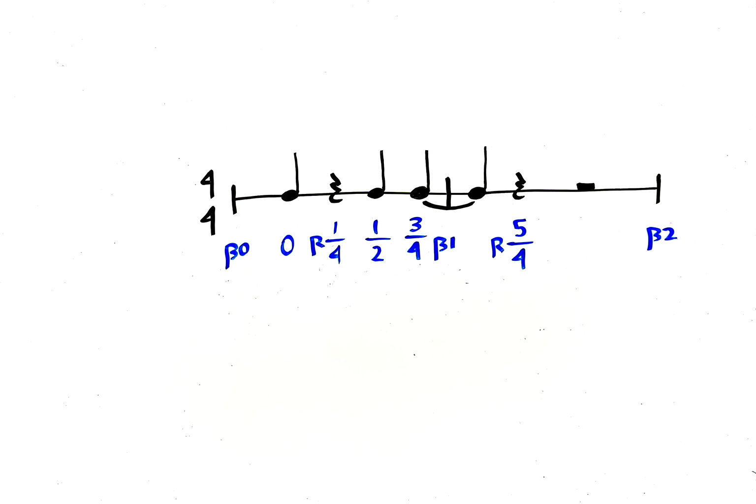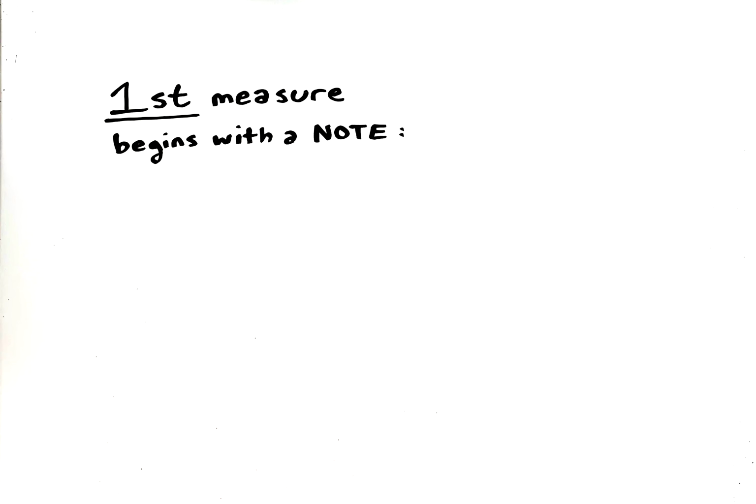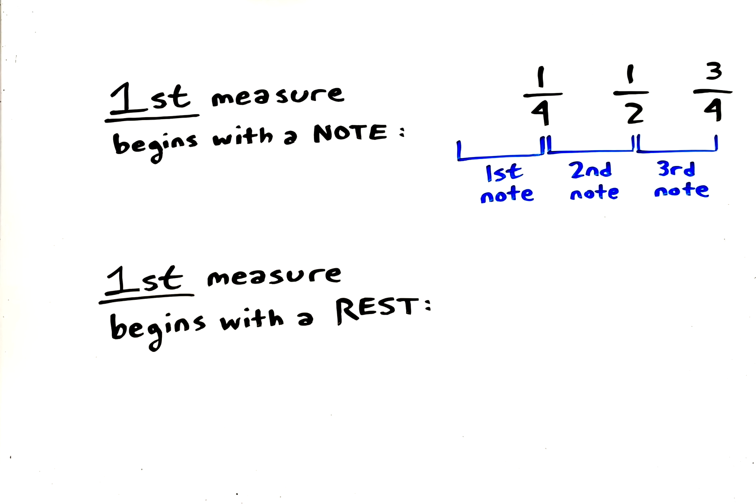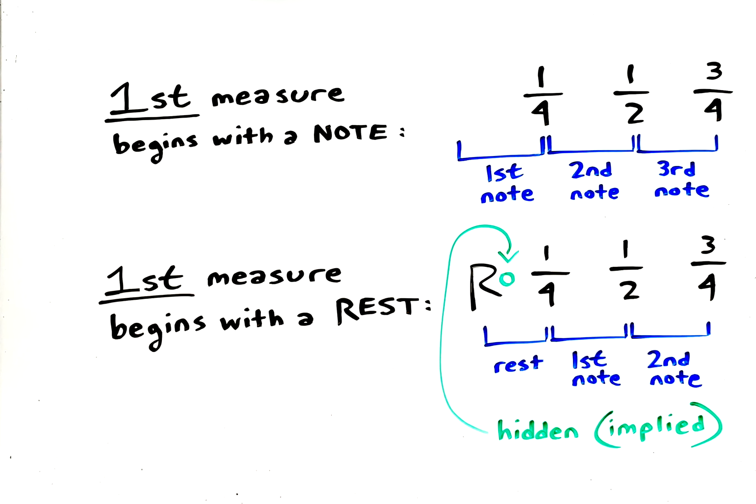Now, obviously, every single example we could do will always start with 0, so we'll save time by not even writing the 0. If the first measure begins with a note, we'll just write nothing for it. So the first number we do write will just be referring to the second item. If the first measure begins with a rest, we can indicate that by writing an R at the beginning of the analysis.